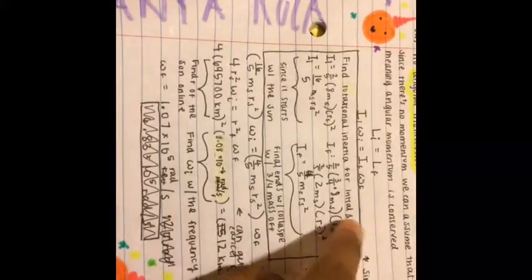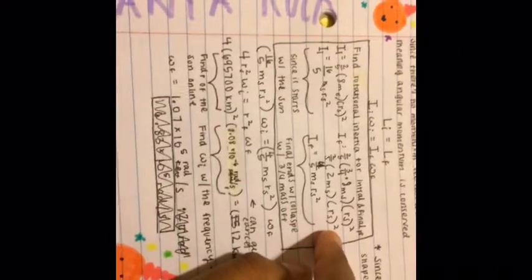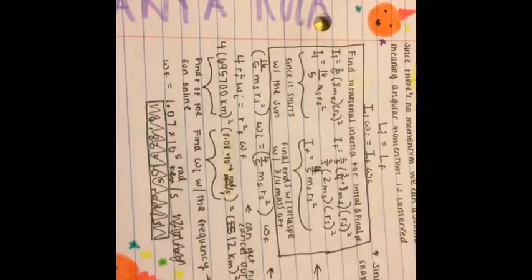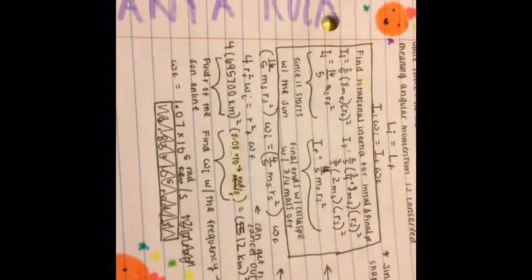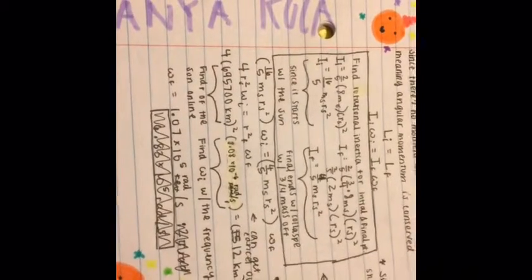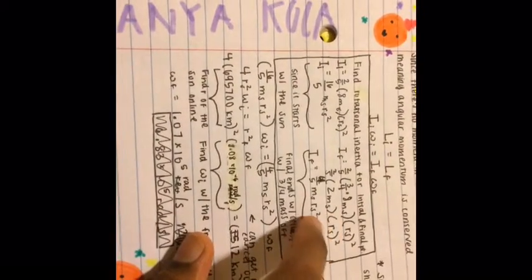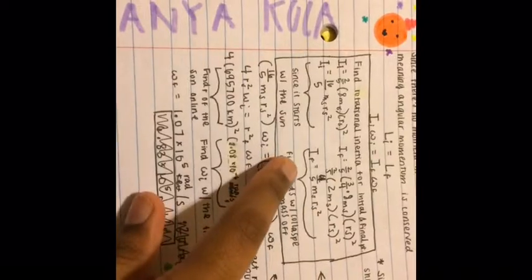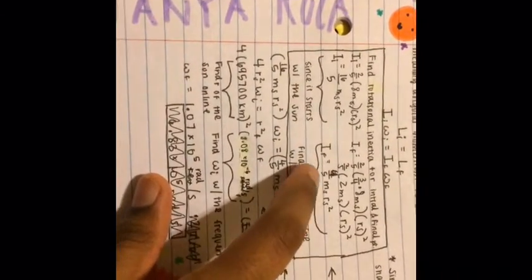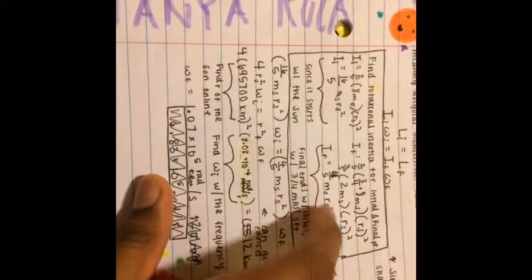For the final side, since it's after collapse, we're told by the question that it loses 3/4 of its mass, which is 2 times as great as usual. If we multiply that out, we'll get our final equation. Our rotational inertia final would be 4/5 times mass times r squared.